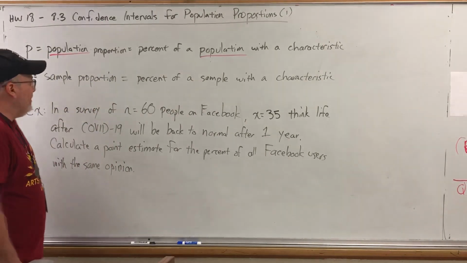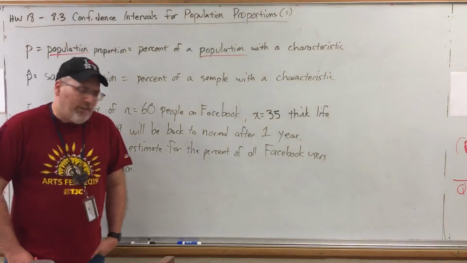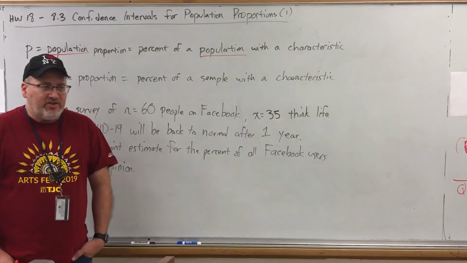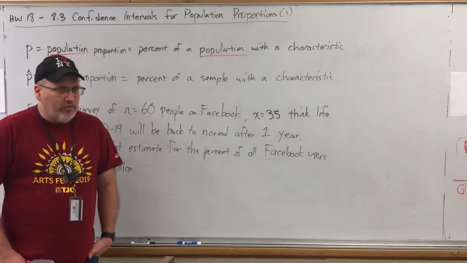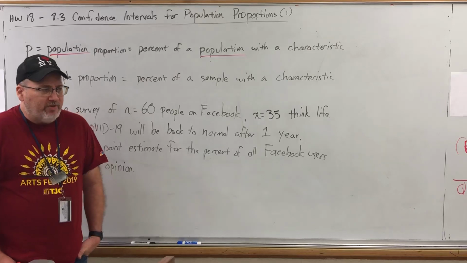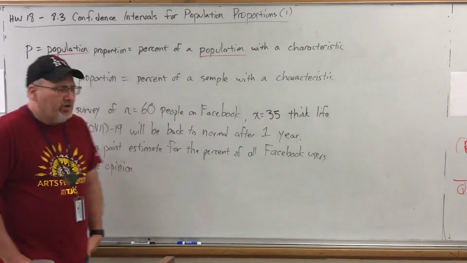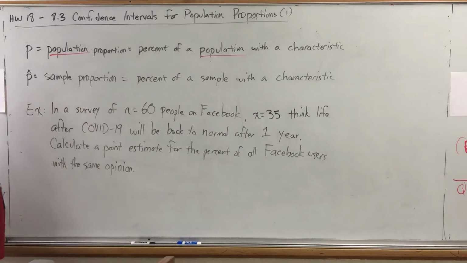Just like with population mean, it's difficult to measure a population proportion because the size of a population is usually too large and the population is always changing. So we're going to attempt to estimate a population proportion by first measuring a sample proportion. Recall that the variable for sample proportion is read p hat.